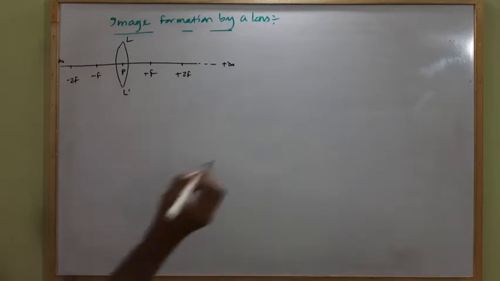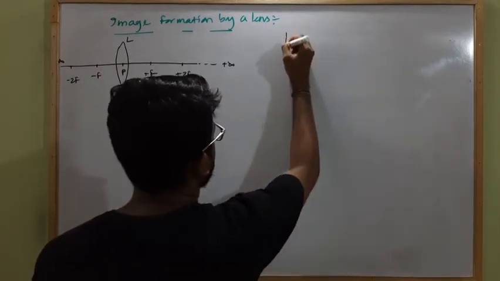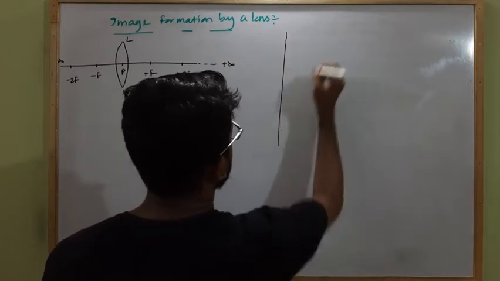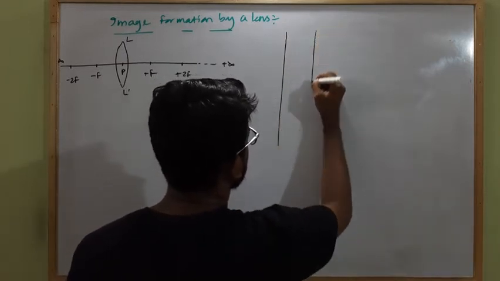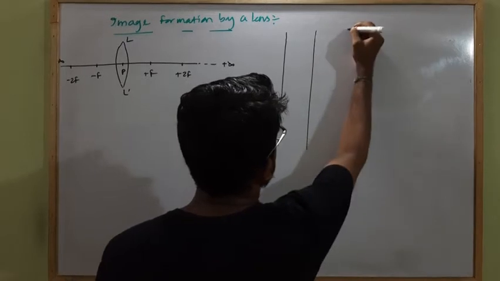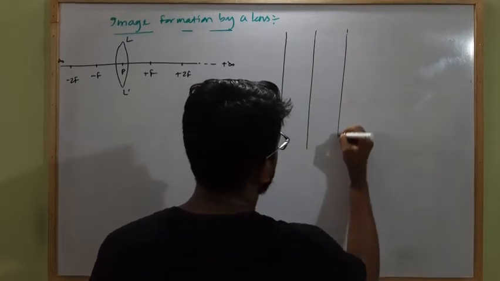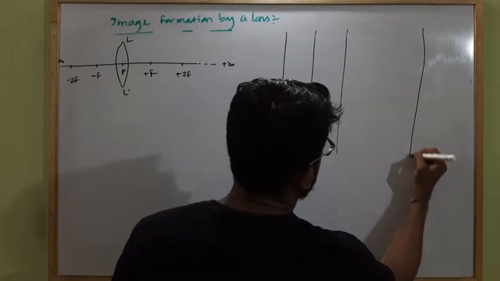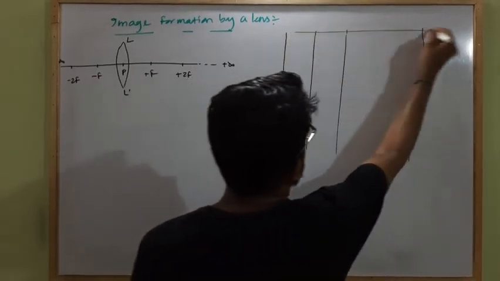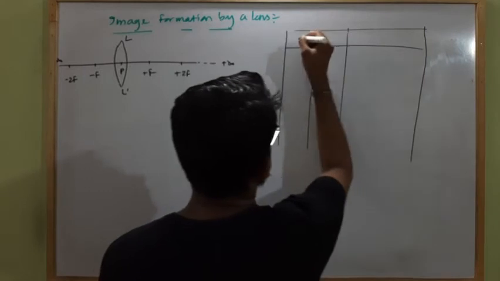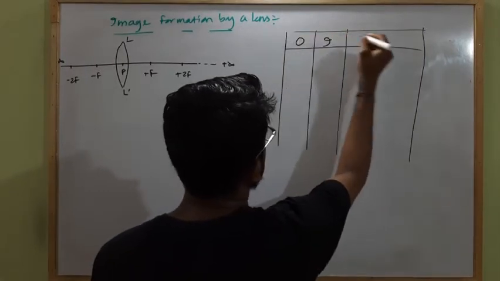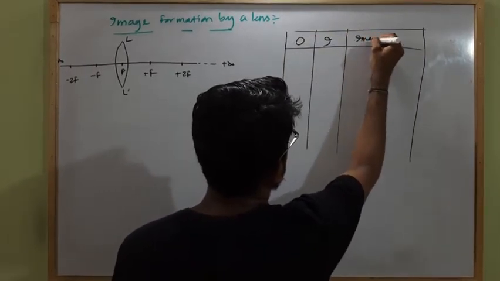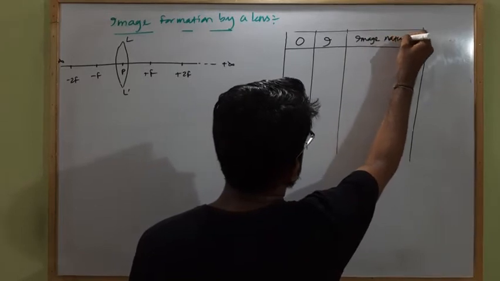Clear? So here I am drawing a table for the position of object location, image location, and nature of image. Okay, object O, image I, image nature.